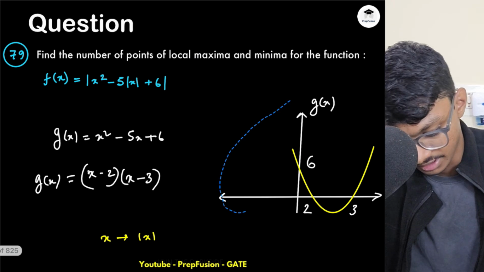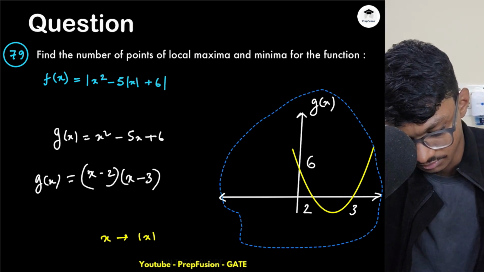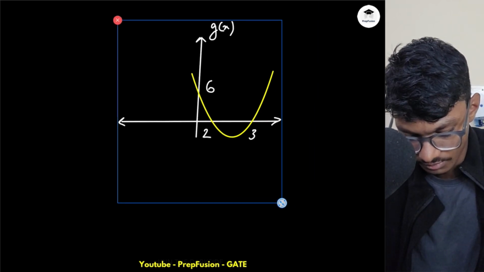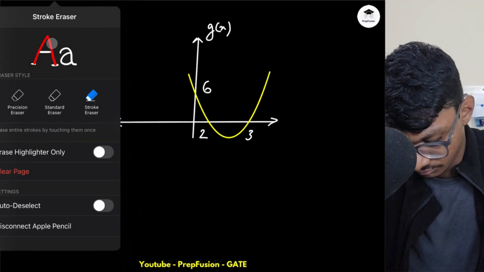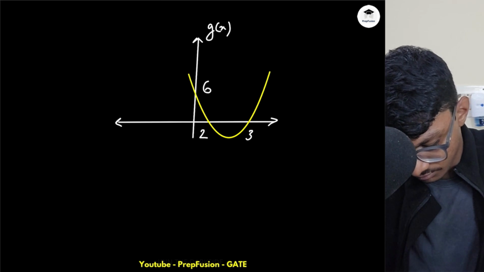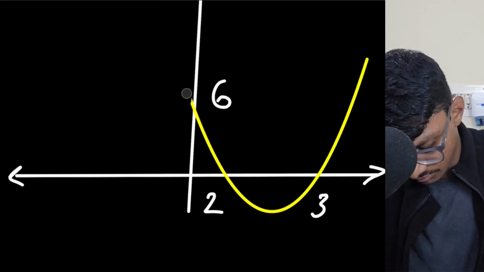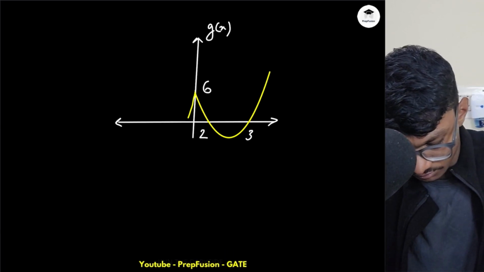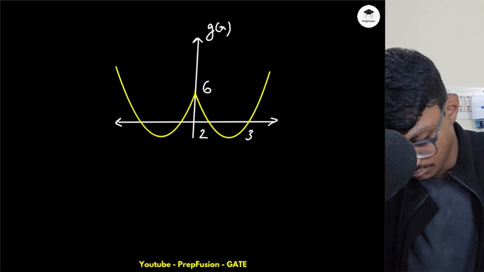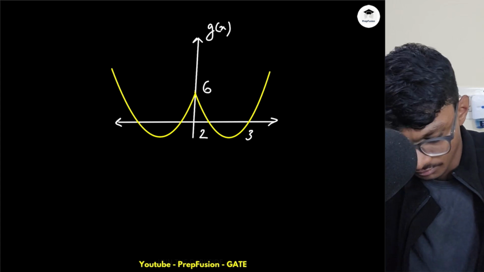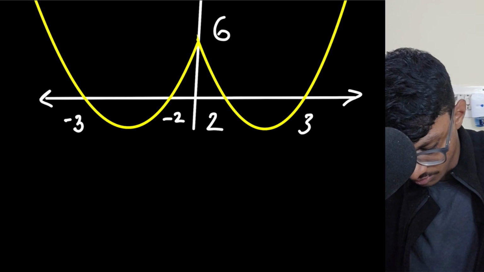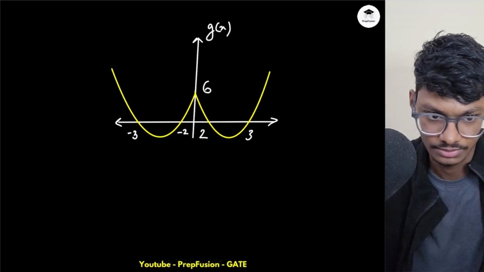So I will do exactly that. So this will be minus 2, minus 3, and it will be just a mirror image.